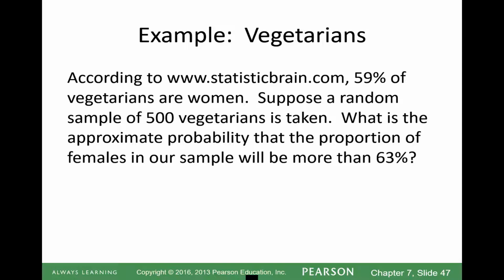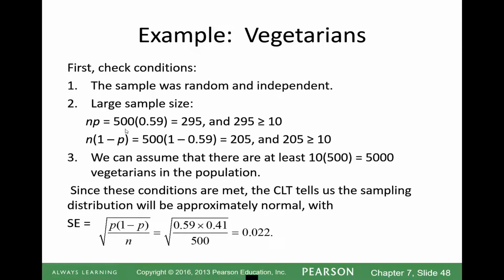A large sample size: the expected numbers of yeses and nos are both more than 10. We can assume there are at least 10 times the sample size in the population, at least 5,000.